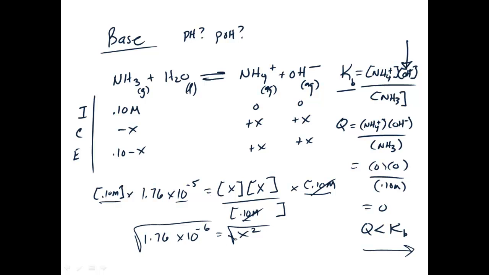Now, some of you mathematicians say, well, is that legal? Yeah, you do get a positive and negative root when you take the square root of something, but again, we can't have negative concentration, so we focus on the positive root. So take the square root of 1.76 times 10 to the negative 6. Let's see what we get for an answer here.